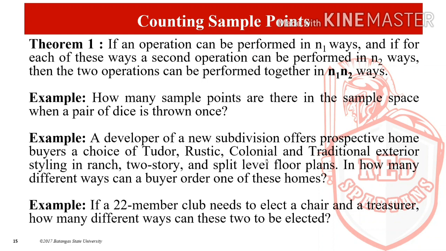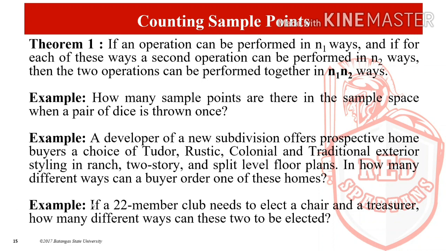Then meron tayong floor plan na ranch, two-story, and split level. So 3. So ibig sabihin 4 na exterior style times 3 na floor plan is equal to 12 different ways. So yung answer natin 4 times 3 is equal to 12.